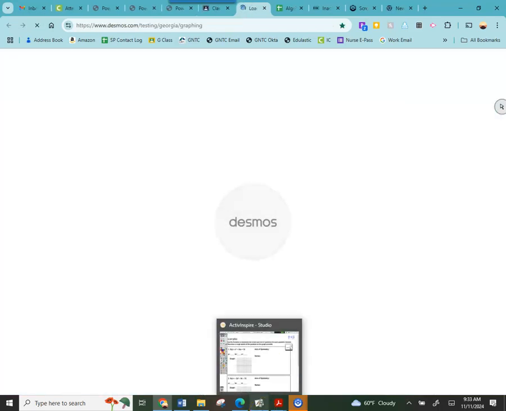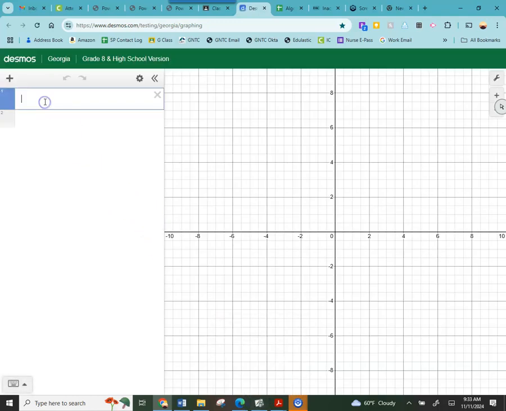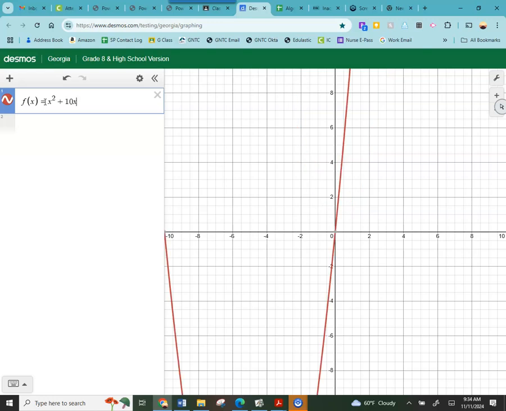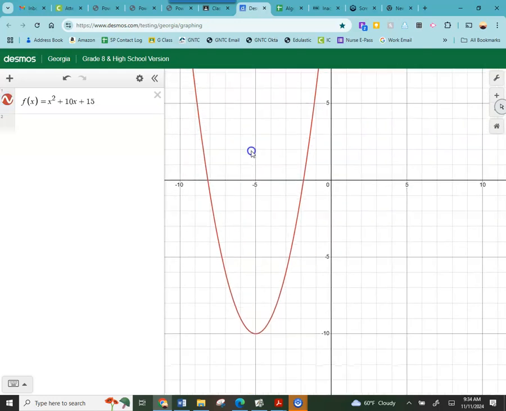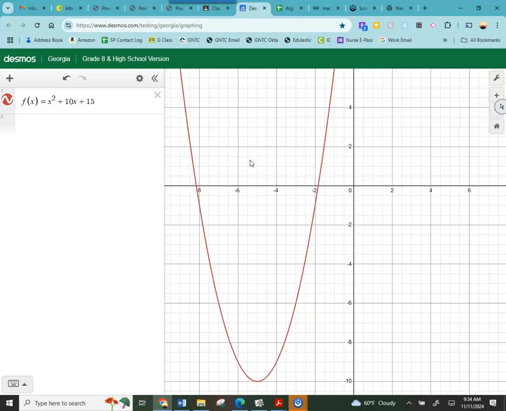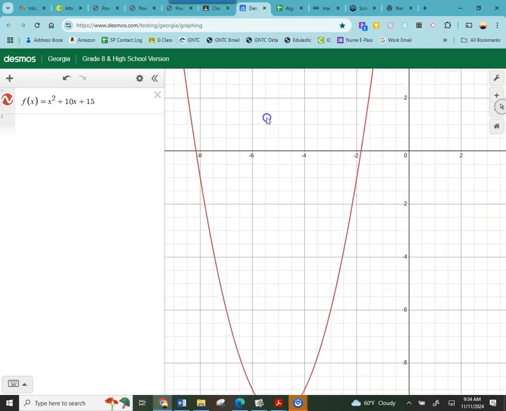Can someone read it to me? Equals x to the power of 2 plus 10x plus 15? Okay. You may have to adjust to be able to see it, right?